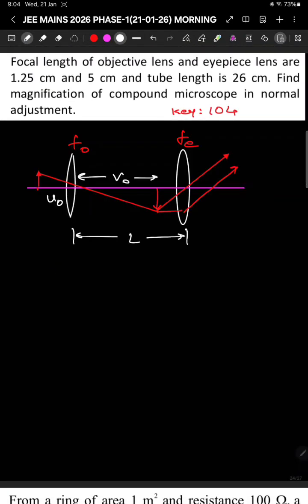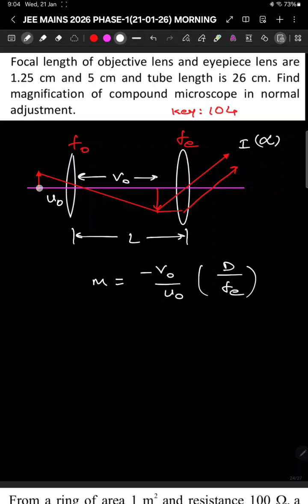This question belongs to a compound microscope kept in normal adjustment. Normal adjustment means the image should form at infinity. That means the rays become parallel. So the magnification formula for normal adjustment is minus V0 by U0 into D by Fe. Here U0 and V0 are not given.